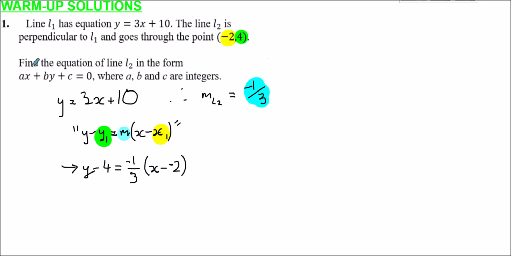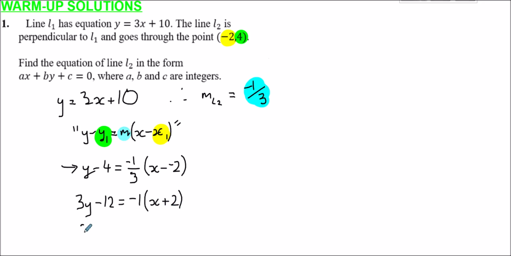Now we need it in this form ax plus by plus c, where a, b and c are integers. So what I'd suggest we do is just multiply through the whole of this by 3. That's going to give us 3y minus 12 equals minus 1 brackets. Now there's a chance to get rid of this minus a minus, which is almost tempting into making a mistake. So call that x plus 2.